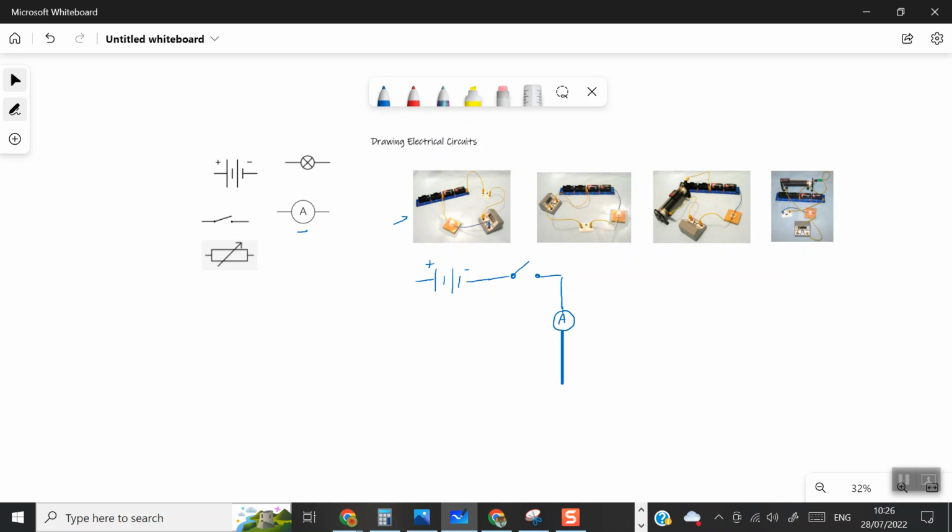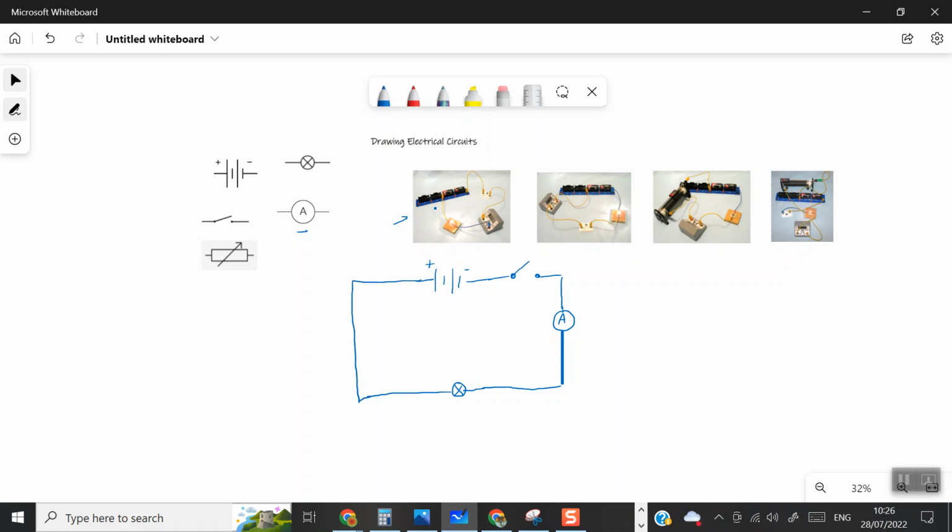And then it is connected to a light source, which is this one here. And then it's connected back around to the battery. So it looks something like this.